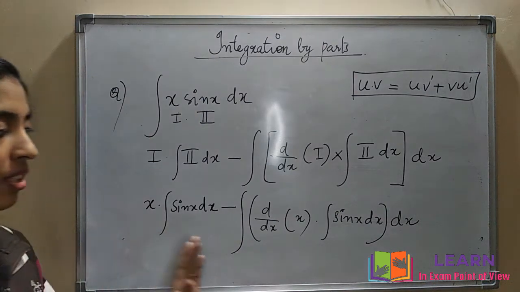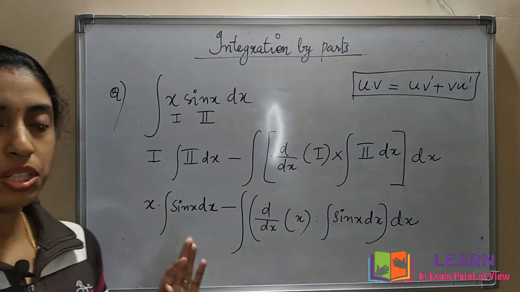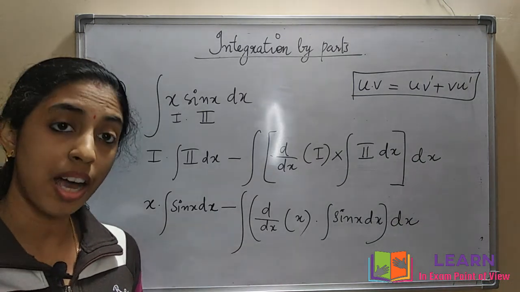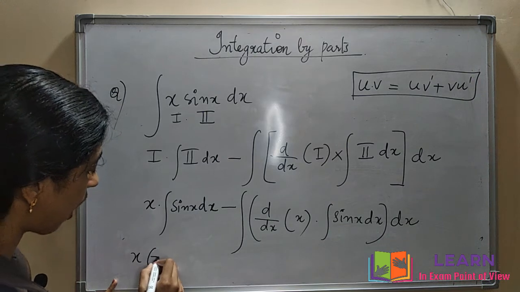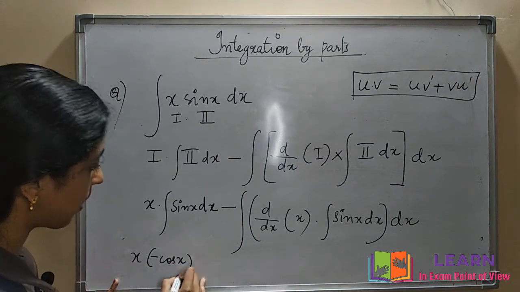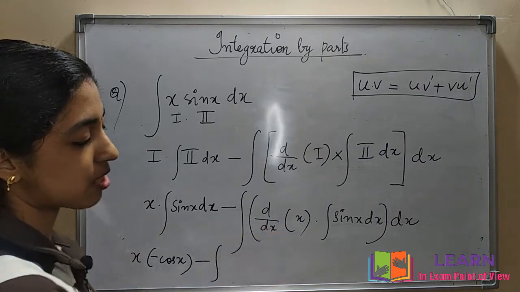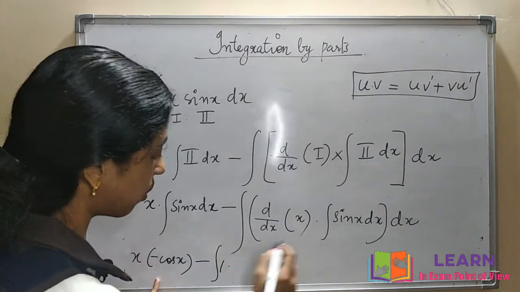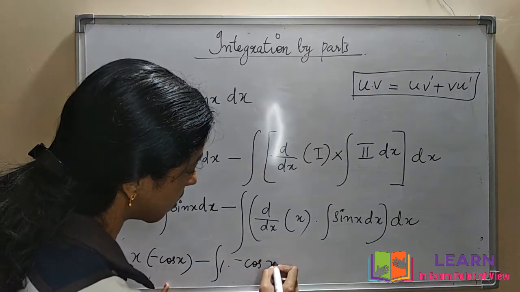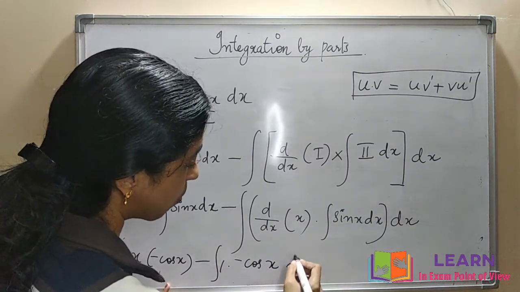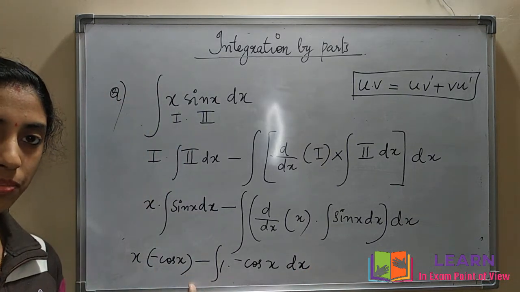Now first function into integral of sin x is what? Minus cos x. So x into minus cos x, then minus integral d by dx of x is 1, into integral of sin x again, minus cos x, and this dx outside. It will be like this form.